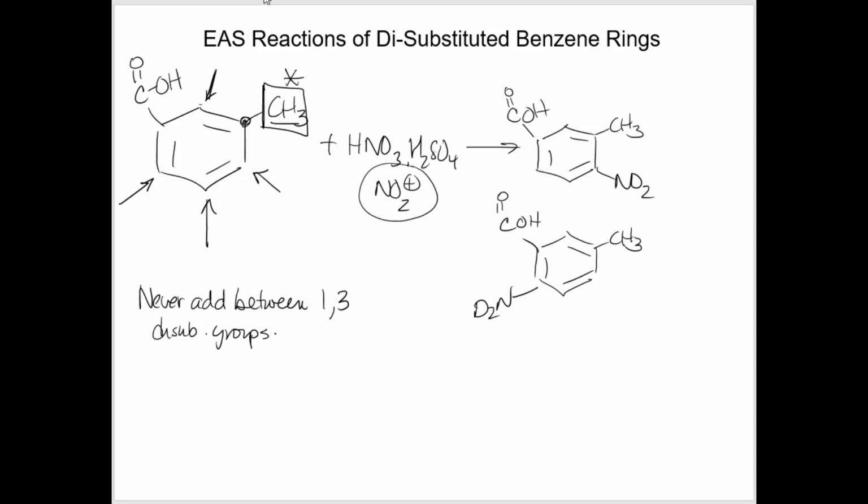You never add in between groups. So that position is not allowed. It's a very simple reason. Sterically, the electrophile just can't get there. So you never add between 1 and 3 disubstituted groups. So that means we would not form the product here.